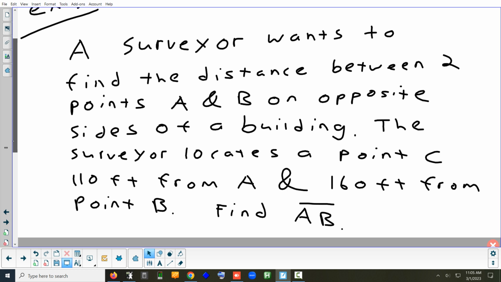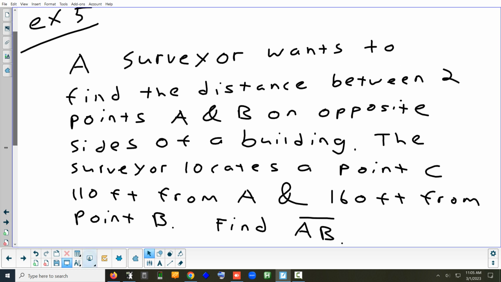The surveyor measures two distances, from where the surveyor is standing to one point and from where the surveyor is standing to another point. Well, again, whenever you have a word problem, especially one involving trig, the best thing to always do is what? Draw it out.